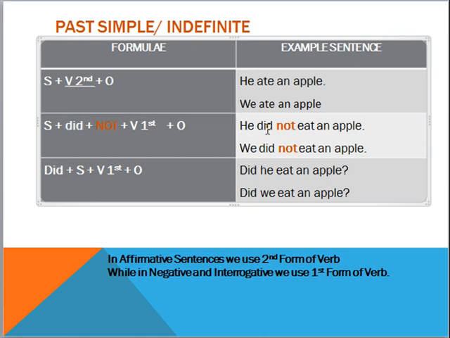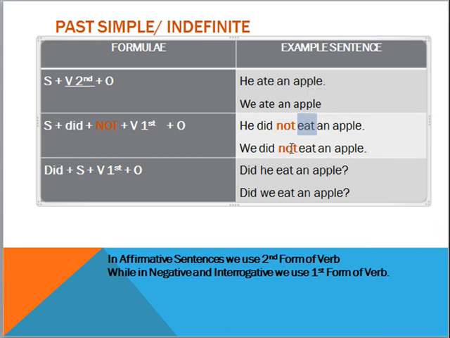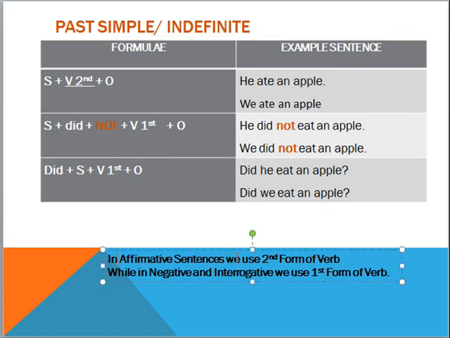The example sentences are: he did not eat an apple, and we did not eat an apple. In interrogative: did he eat an apple, and did we eat an apple? In interrogative, we put did in front of the remaining part of the sentence. So in past simple, in affirmative sentences we use the second form of the verb, while in negative and interrogative, when we use did, we use the first form. So that is our past indefinite.